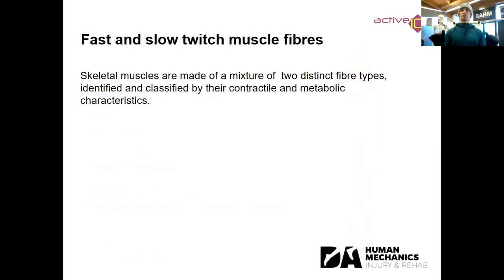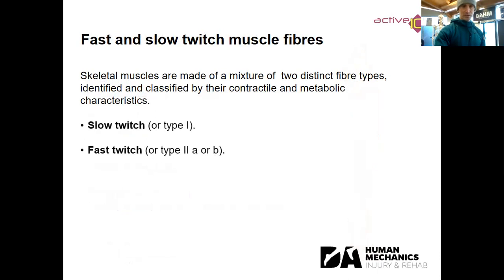Okay, so you have two types of muscle fibers. Well, you have three really, but for now, let's say two. So we have fast twitch, and we have slow twitch. Type 1 is your slow twitch, and fast twitch is split into type 2A and type 2B.